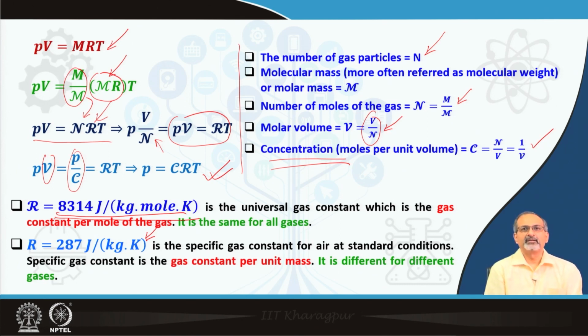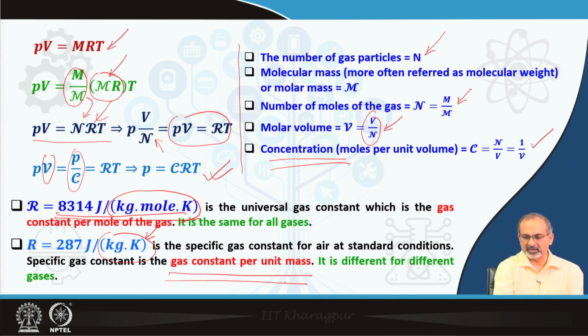We note that the universal gas constant has a value of 8314 joules per kg mole Kelvin. You have to be very careful about units here. So, there is a mole in the denominator, there is no moles existing here for the specific gas constant. It is basically the gas constant per unit mass, while this is the gas constant per mole of the gas.